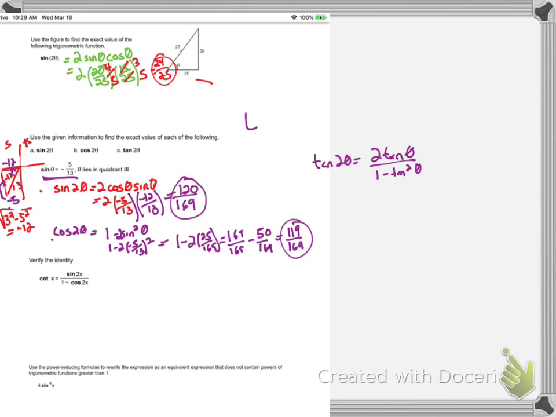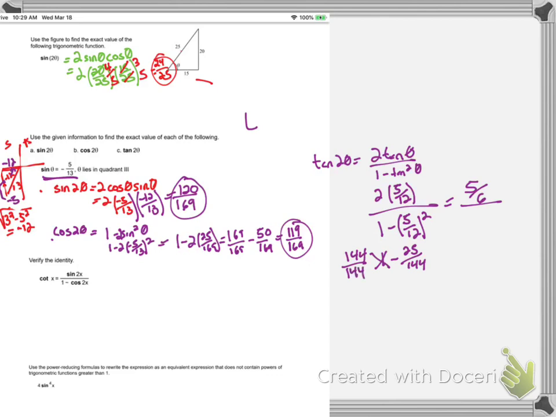So 2 times 5 over 12 over 1 minus 5 over 12 squared. This gives me 5 over 6. And then the denominator is 1 minus 25 over 144, which is going to be the equivalent of 144 over 144.